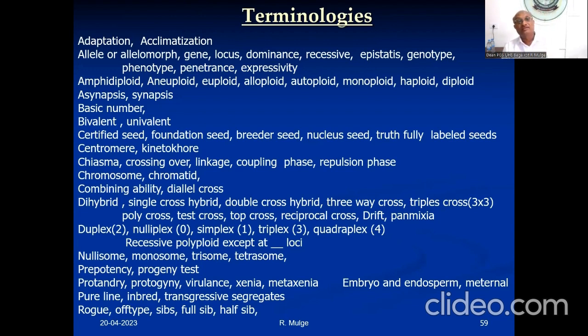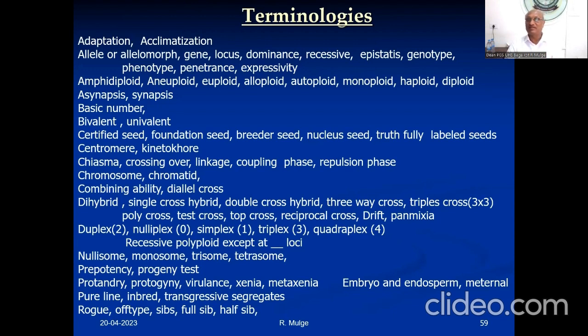Aneuploids. So euploid and aneuploid. First, if you classify, of course, once you know ploidy breeding, you know all that. But you have to define it. That's why I'm saying terminology is how you have to define.